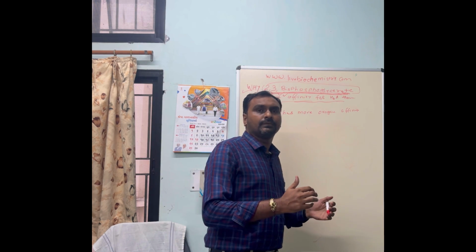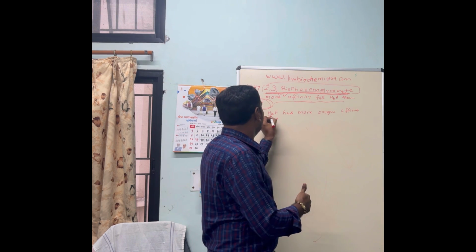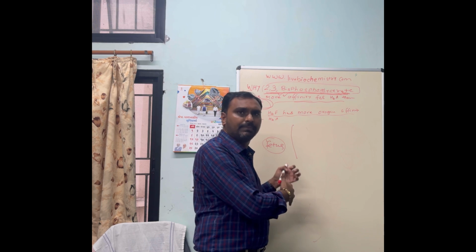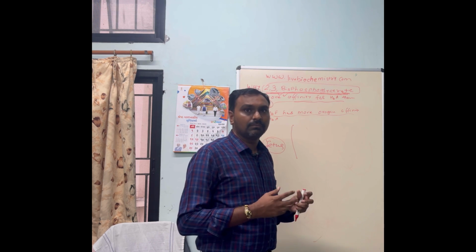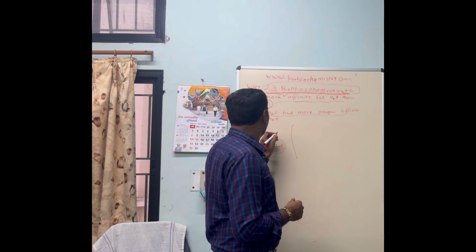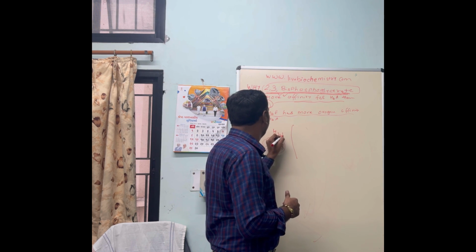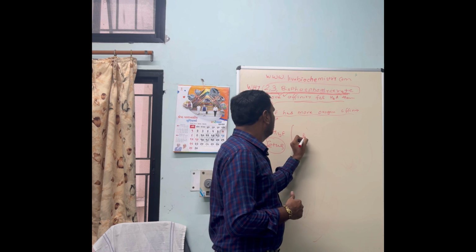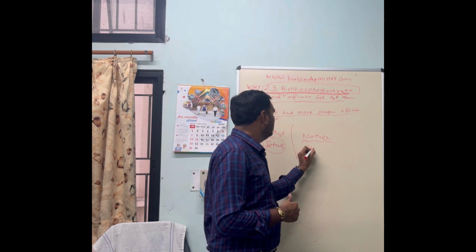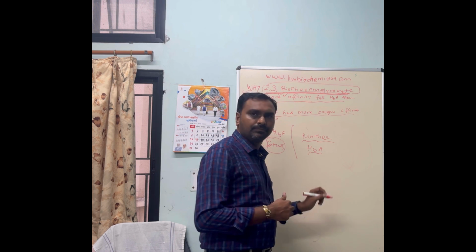And what is the advantage of HbF having more oxygen affinity? In the fetus, in the embryo, the lung is not developed, but it requires oxygen. So the fetus has HbF, while the mother has HbA.